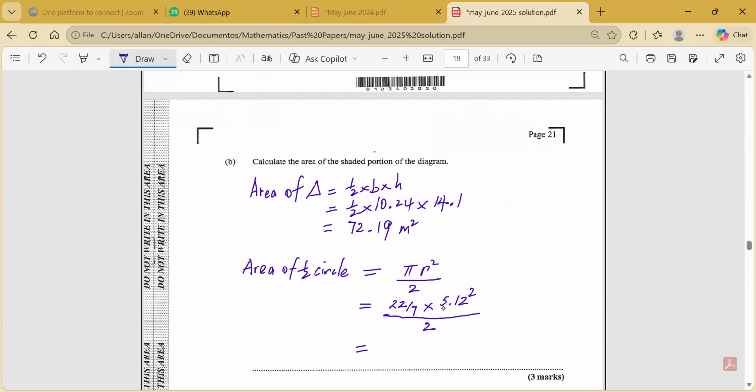Remember I said it's the area of a circle, which is pi r squared, and I'm dividing by 2. So 22 divided by 7 multiplied by 5.12 squared divided by 2. Do you want to answer in two decimal places or one? Two. All right, give me the area of your half circle. Let me see what you have.